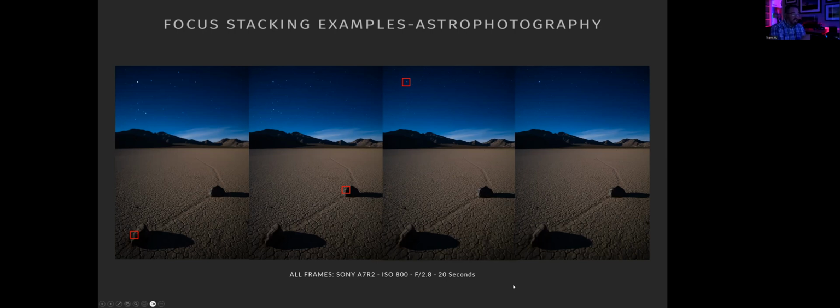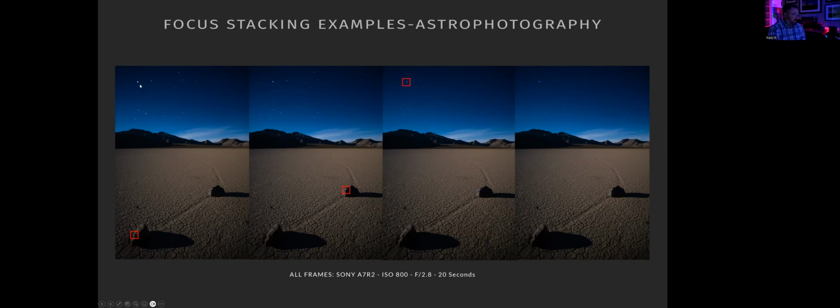So like the last one, we had a foreground element and a background element. Well, this one, when I was out shooting, I stepped it up a notch even more. I have a foreground element, I have a midground element, and then I have the background. So for this one, it's 3 different focus points, because at f2.8, this rock would be in focus and this one would be out, or this one would be in focus and this one would be out, or the stars would be out of focus.